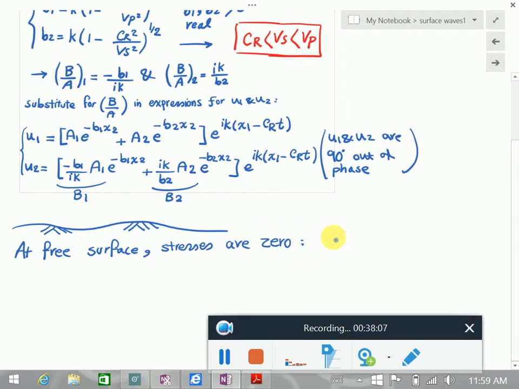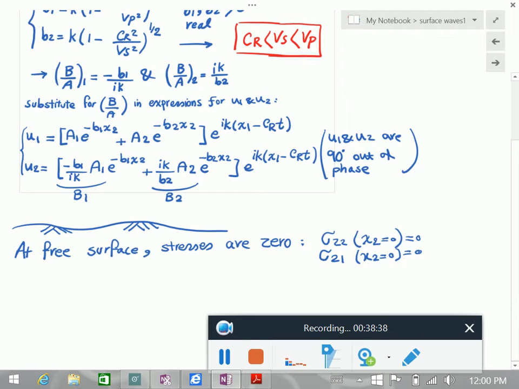This is two-dimensional, so if we translate it, free surface means x2 equal to 0, right? This is what we have. And since we have U1 and U2, we can calculate the strains, and we can calculate the stresses, right?